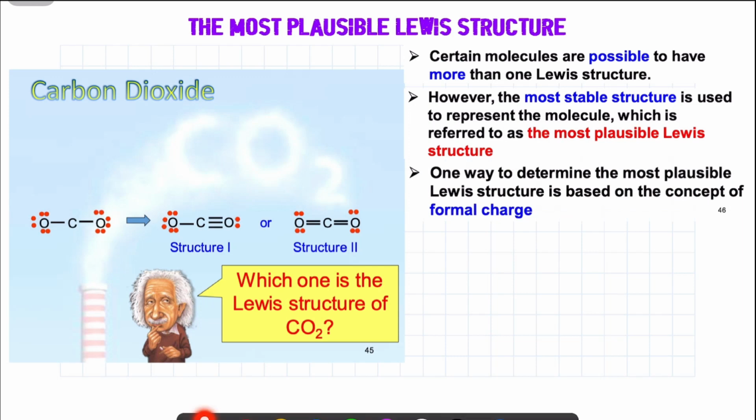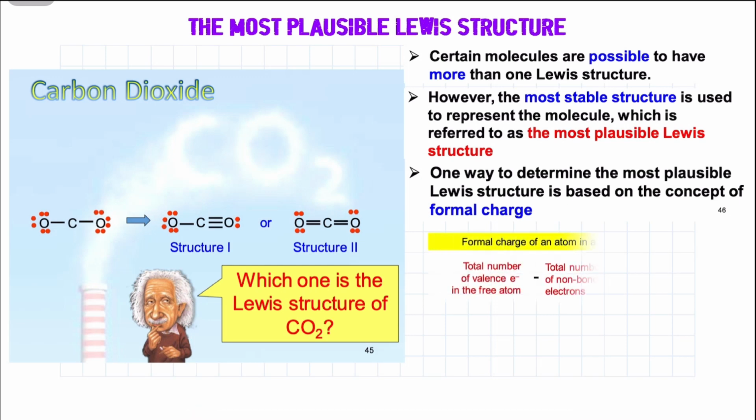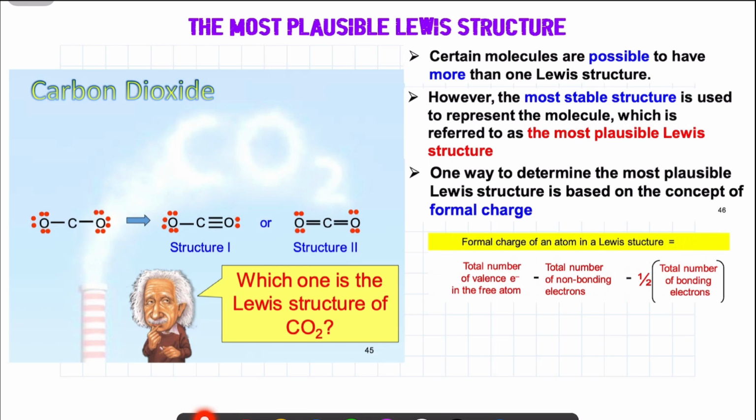One way to determine the most plausible Lewis structure is based on the concept of the formal charge. You have to calculate the formal charge of each atom in a molecule. By using this formula: the total number of valence electrons in the free atom, minus the total number of non-bonding electrons, minus half of the total number of bonding electrons.